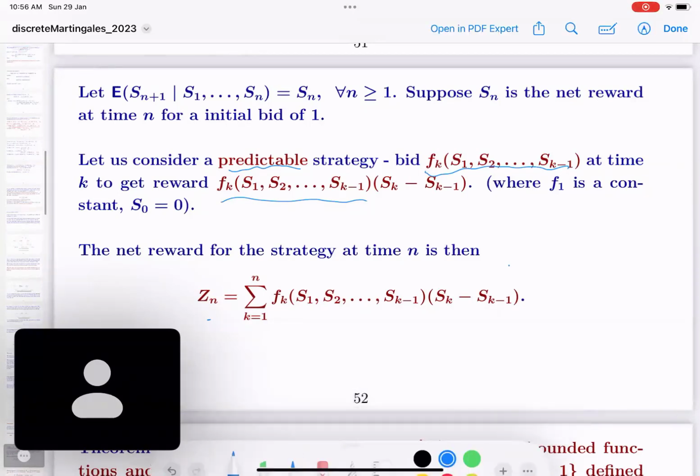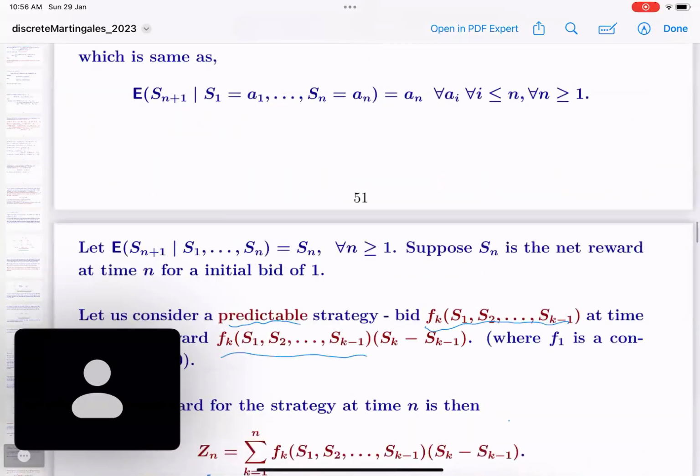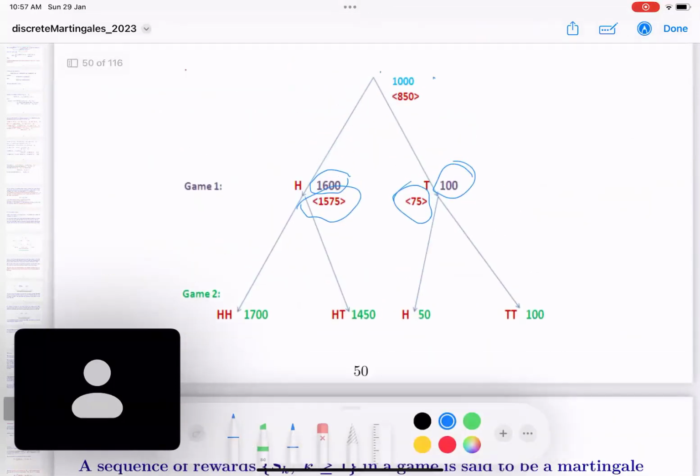So this S is a random process. Let me go back to my tree. So this is S0. S1 is 100 if the first outcome is T, and 1600 if the first outcome is H. This is S2. If the outcome is HH, then S2 is 1700, HT it is 1450, this should have been TH, TH it is 50 and TT is 100.